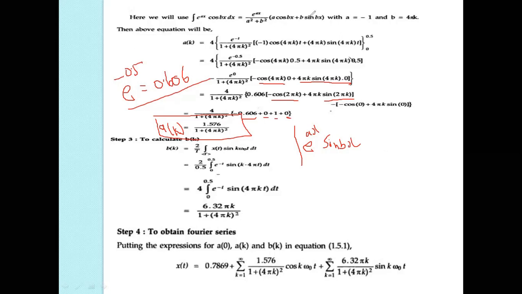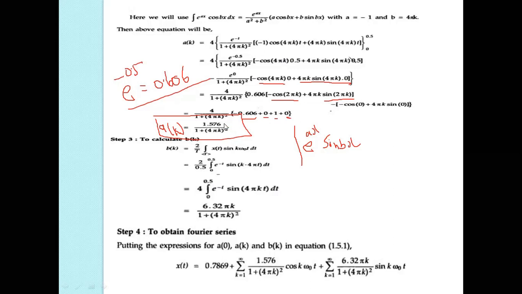And here, the change of the value is only in the remaining function. The 2 by 0.5 is 4, the integral 0 to 0.5, e power minus t is e power ax sine bx. After simplifying this function, this is a cos ax plus b cos sine bx function.